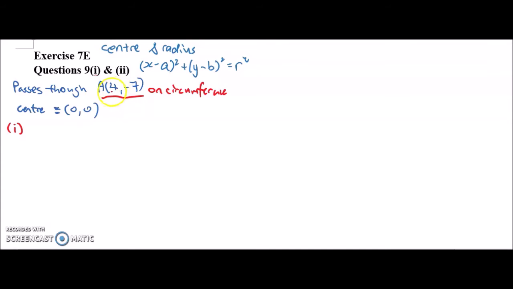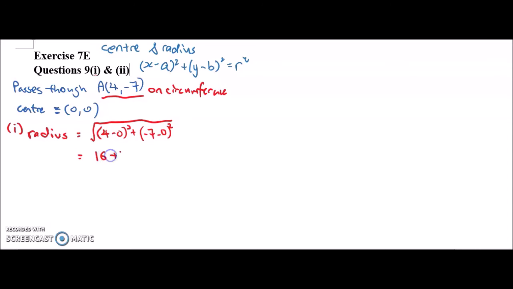So the distance from any point on the circumference to the center will be the radius of the circle. So we make use of the distance formula: 4 minus 0 squared plus -7 minus 0 squared. That will give us our radius, and then the equation of the circle.